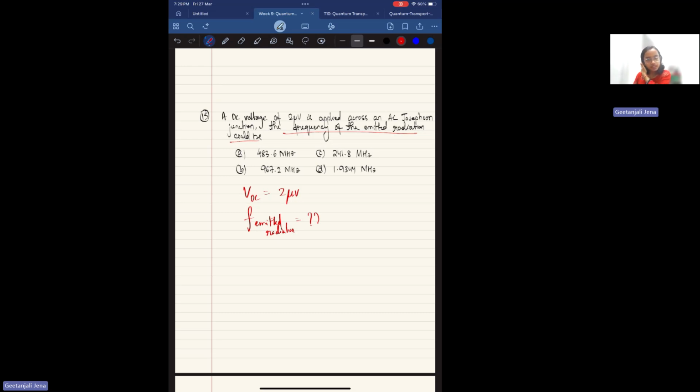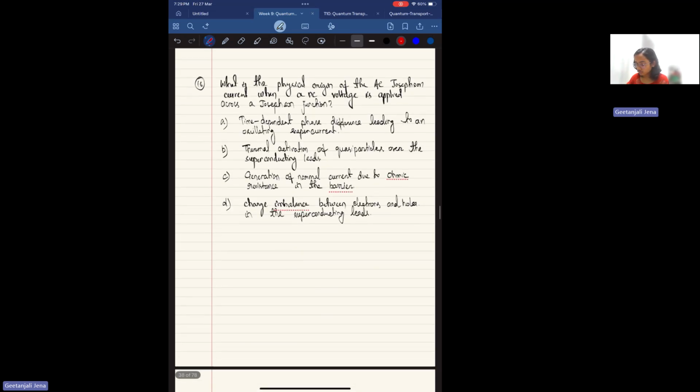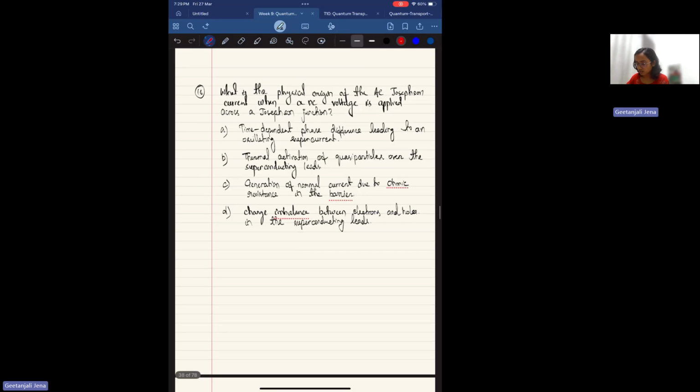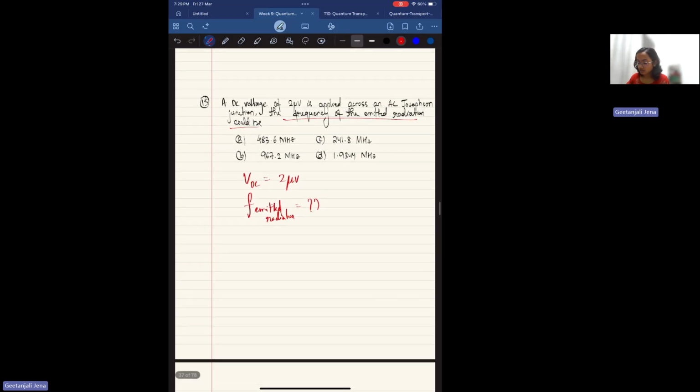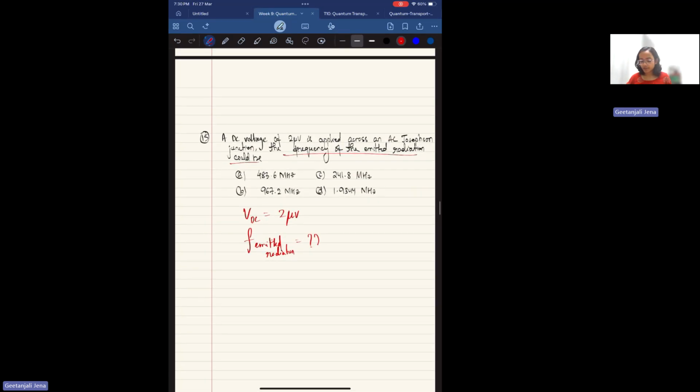This is question number 15, and it is related to question number 14. If you know the angular frequency, then you can find the frequency. How many questions do we have? Okay, this is the last one. Then we'll start the problems related to week 10.